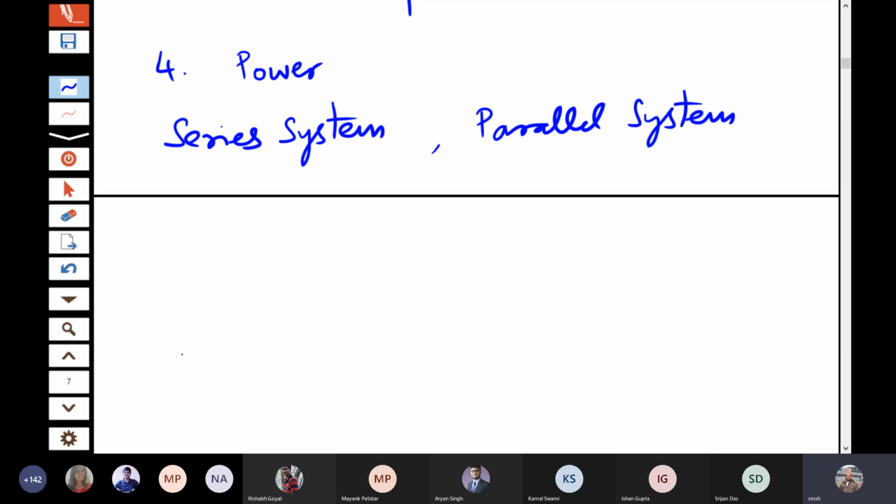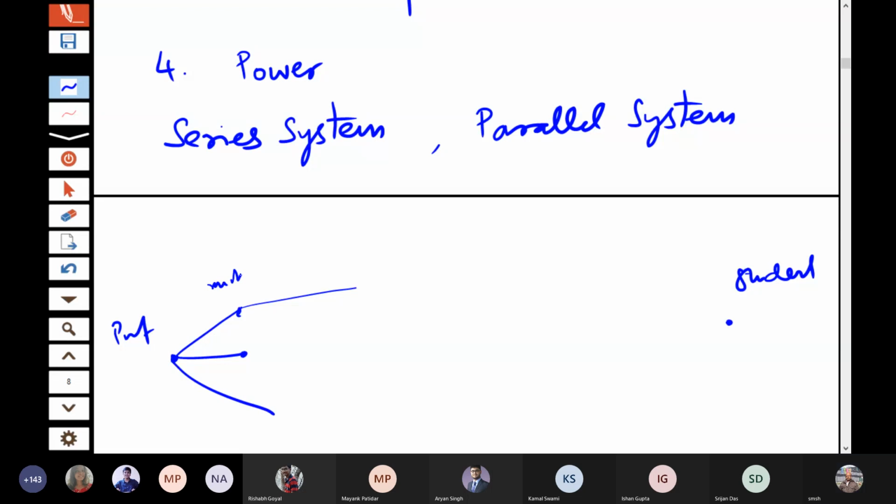So for example, I will just make one diagram here. This is the professor's end and this is the student's end here. Okay. So in order that this connection is there, for example, I may use say mobile, laptop and desktop.